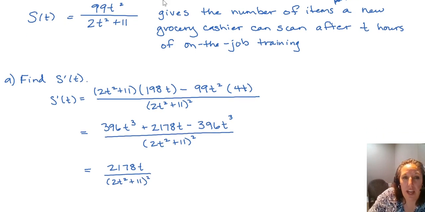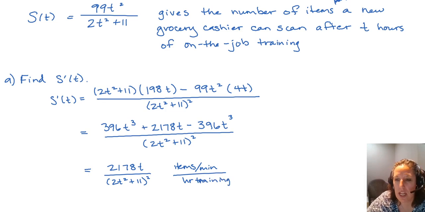And the units on that: S of t units were in items per minute, and S prime of t is going to be items per minute per hour of training. So this is items per minute per hour of training.